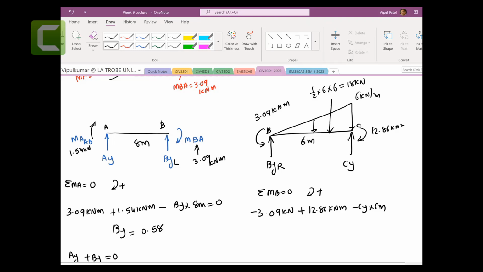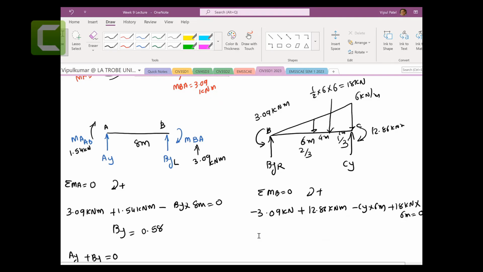That's in the middle, and I remember 2/3 and 1/3. So 2 divided by 3 times 6 gives you 4 meters and then 2 meters here. So this one is 18 kilonewtons and that will create the clockwise moment. So plus 18 kilonewtons times 6 meters equals 0.